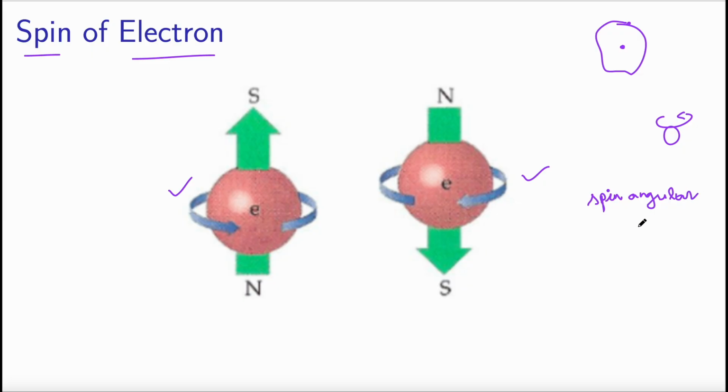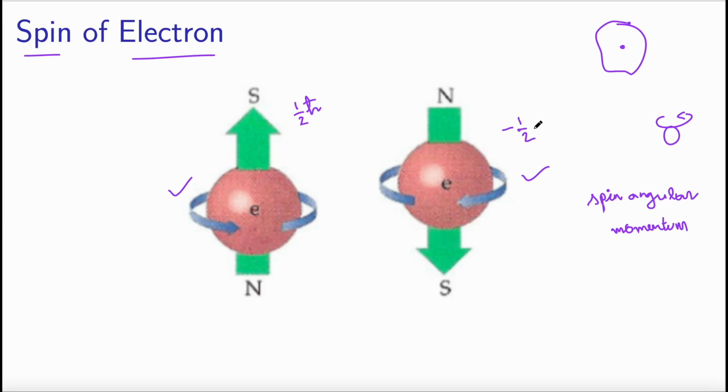When we are measuring the spin angular momentum in a particular direction, say the z direction, we can get only two values: plus half h cross and minus half h cross.